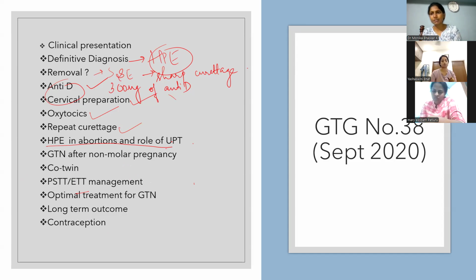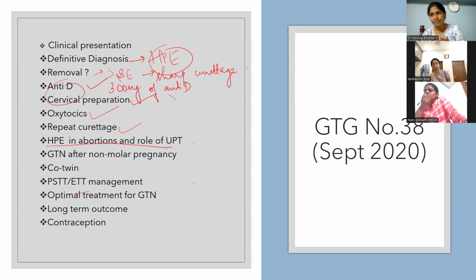So what will happen? Once you have done a molar evacuation, sorry, not a molar evacuation. Now we are thinking it's an abortion. So you don't know whether it's a partial mole, a missed abortion or an incomplete abortion. You don't know anything. It was just an abortion. You have done surgical evacuation and you have got the products of conception.